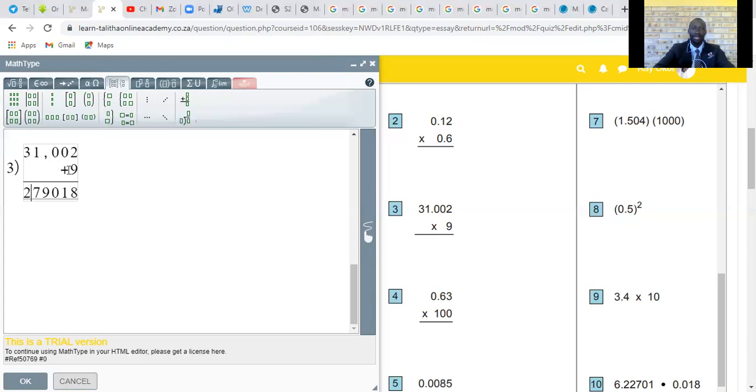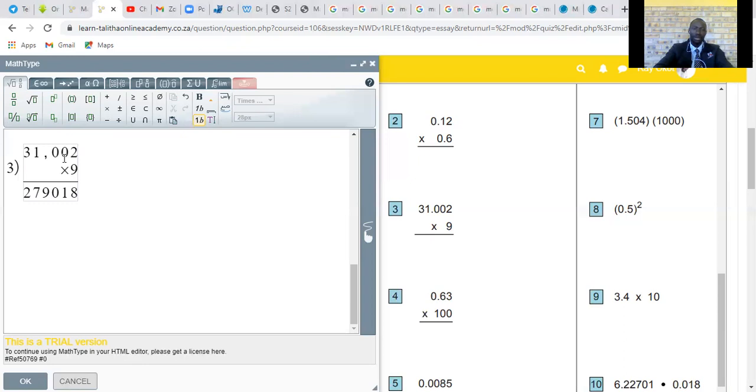Once again, we are supposed to multiply. What are we multiplying? We are multiplying 31.002 by 9. Okay, and so how do we handle this? Well, 9 by 2 is 18. And so we write 8, we carry forward 1. 9 by 0, we get 0.